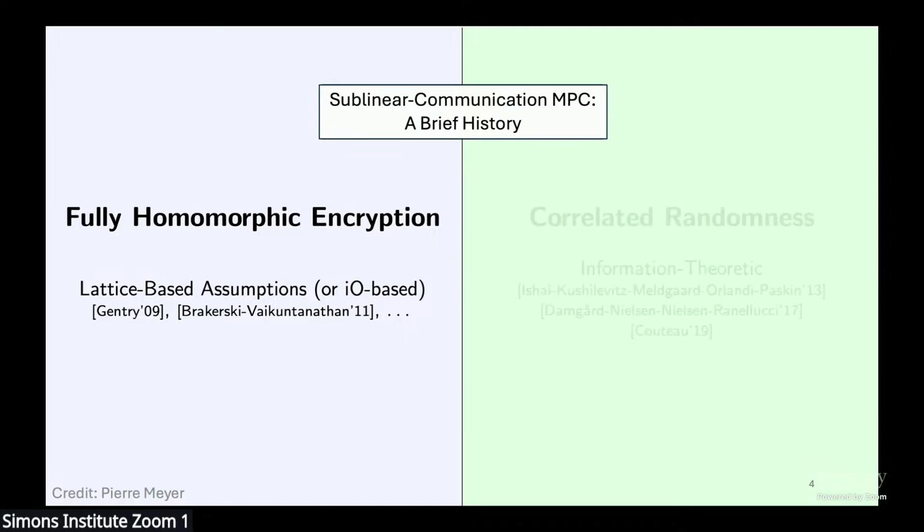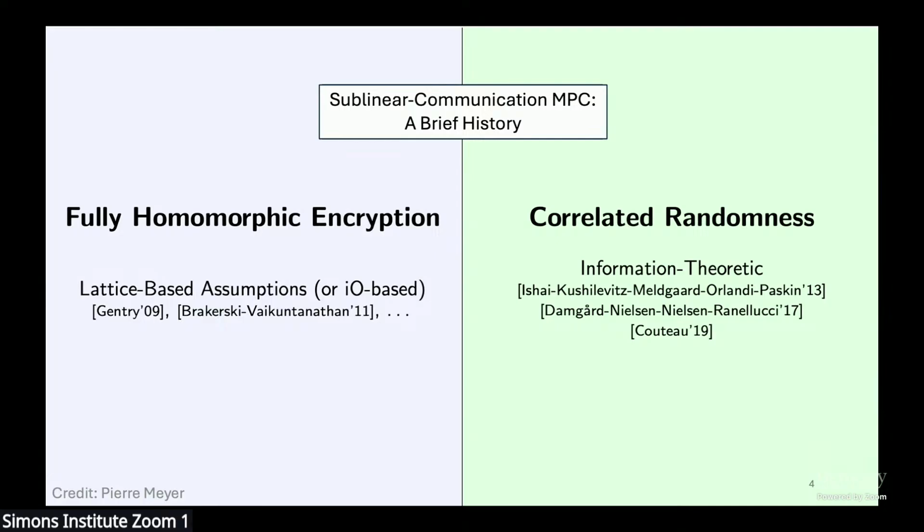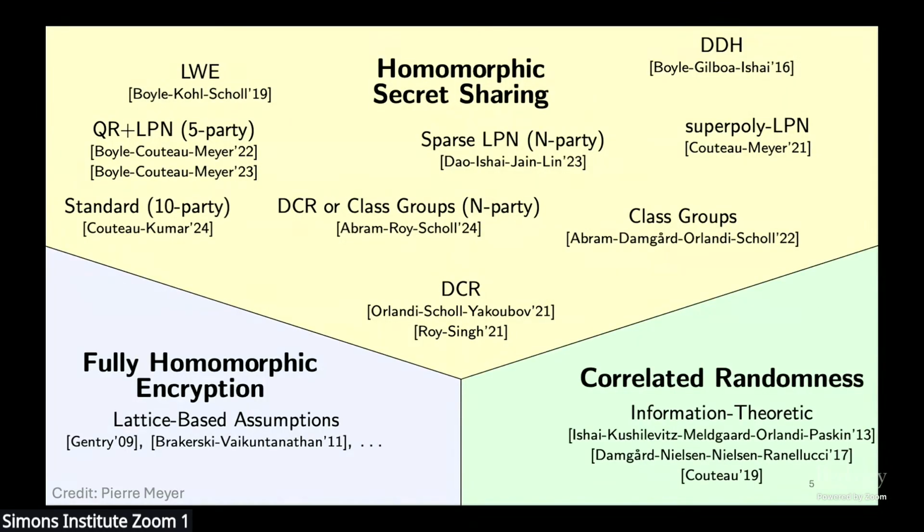Okay, and then after FHE, so we've already seen a lot about this correlated randomness approach for one-time truth tables, which gets you information theoretic security in the preprocessing model. And this can in fact be used to bypass this circuit size barrier in some cases, as we'll see shortly. But what I'm going to focus on in most of this talk, hopefully if we get time, is something called homomorphic secret sharing.